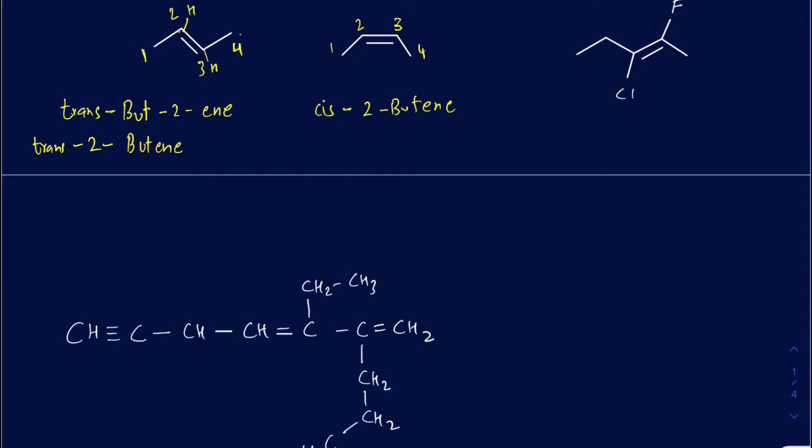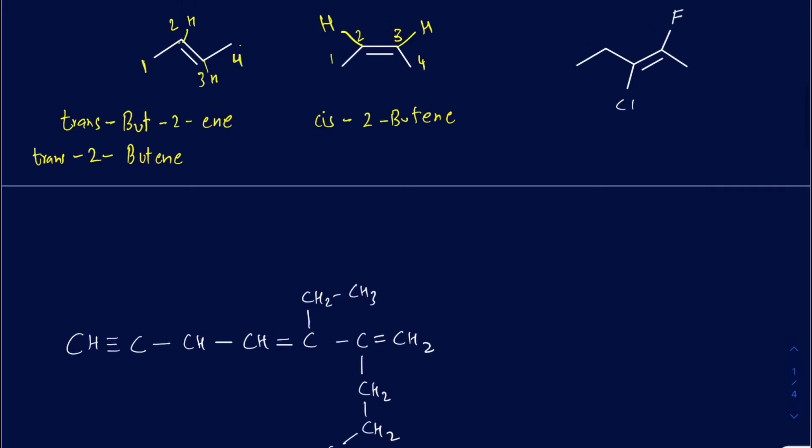And you can say the same thing with the smaller group in that reference. If you have smaller groups on the opposite side, it's going to be the trans. And if you have the smaller group on the same side, like in this case, you got both of those hydrogens pointed to the same side around the double bond, that makes it a cis.